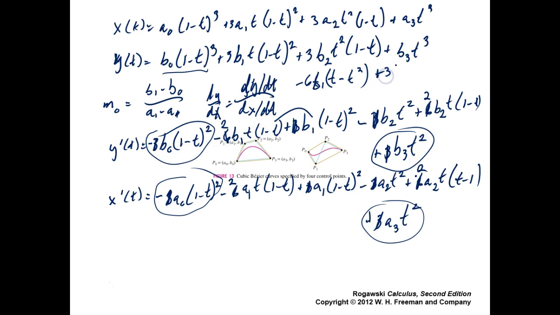Plus 3b1, and what they have here is a 1 minus 2t plus t squared. Do you buy that? I'm just expanding. This is that term, and this, I'll put the 3 back in. I've expanded this, right?